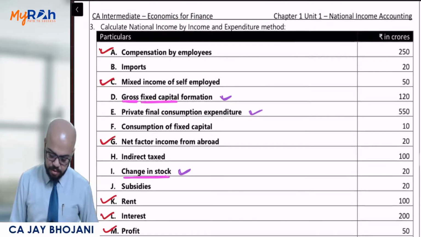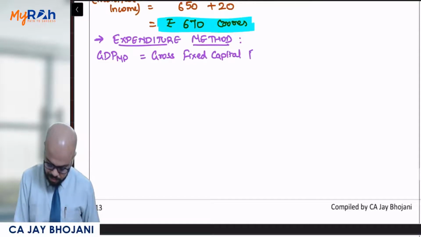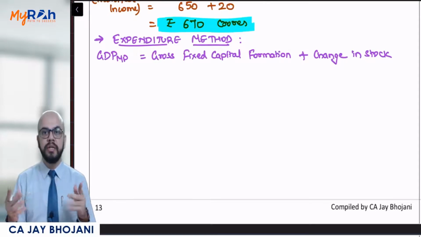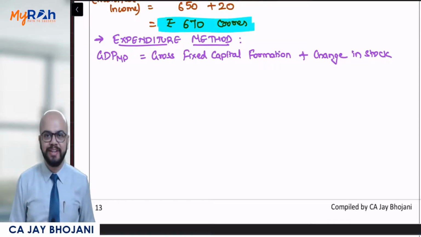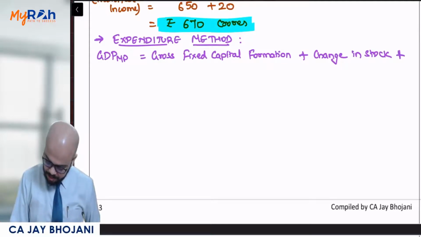So let's write down gross fixed capital formation. Along with it I write down change in stock. This combined, this together is going to give me GDCF. I hope you understand. Pay attention. This is not sleepy time.